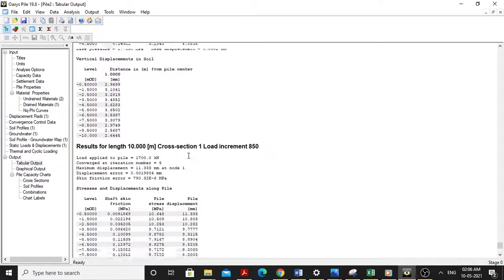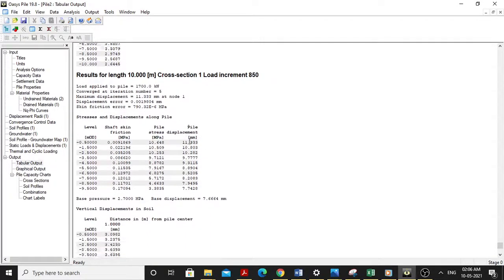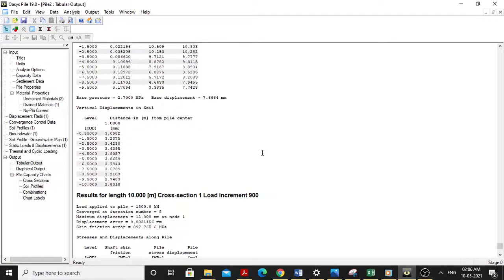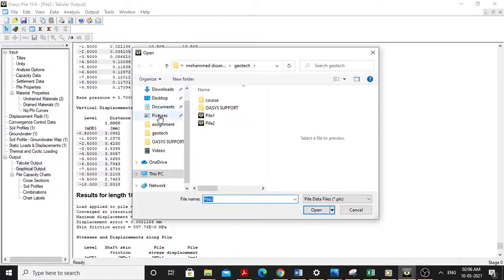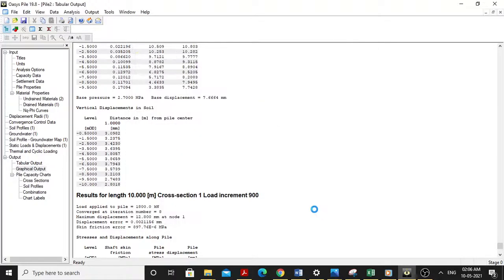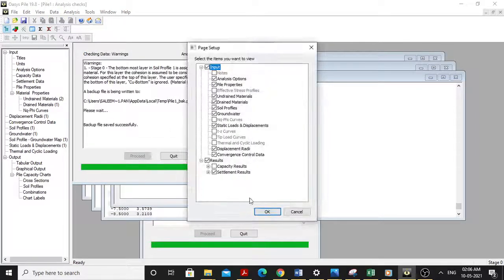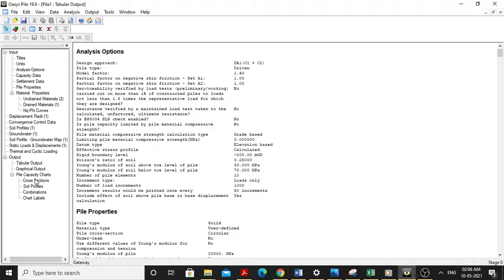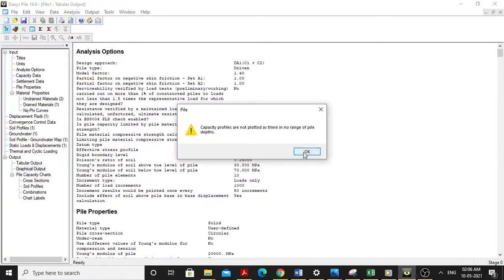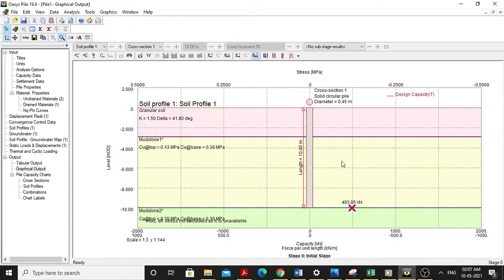So from here we have worked out the load settlement curve, and the pile capacity I have already mentioned. I have done another file that I will show you. See, these values are similar to the pile capacity that I have considered.